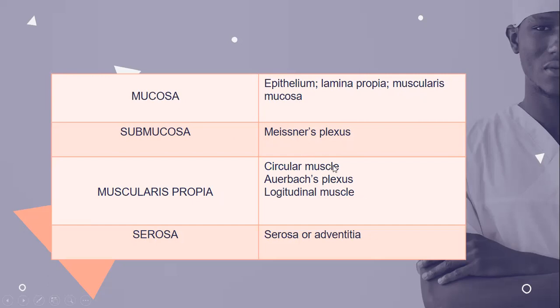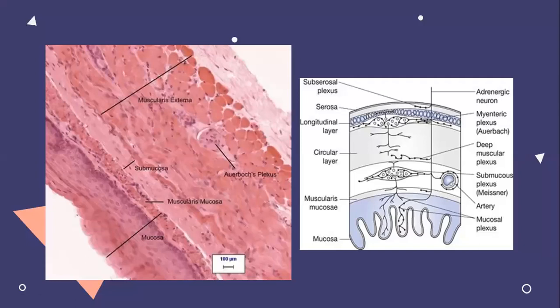Between those two muscle layers, the circular and the longitudinal, we have the myenteric Auerbach plexus. In Spanish, plexo mientérico de Auerbach, right? And in this last layer, we have the serosa or adventitia, okay? And here we have what we were talking about.